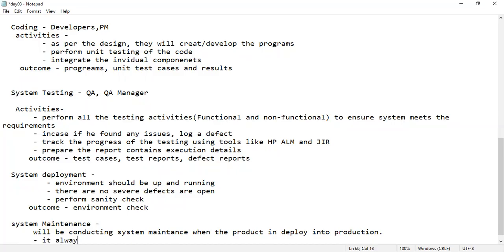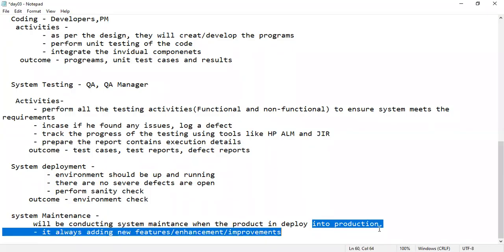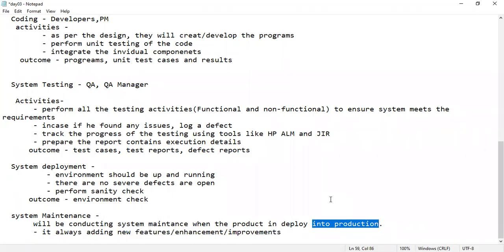It is always adding new features or new enhancements or new improvements. Let me give you one example. IRCTC is right now being used all across India. That means it is in production. But once in a while they are adding new features into the IRCTC application.